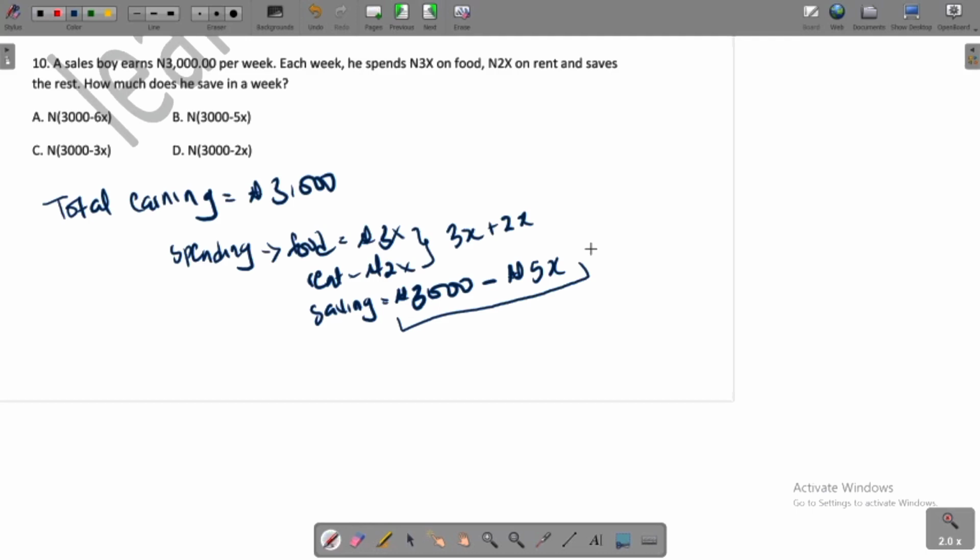If x stands for 5, we have 5 times 500, and that's 3,000 minus 2,500. Saving is 500. We are not asked to find the exact amount, but to bring out an expression to represent the amount he is saving. So this is the amount he is saving. The answer here is B.